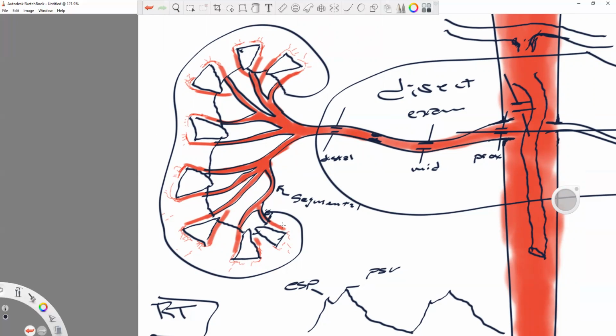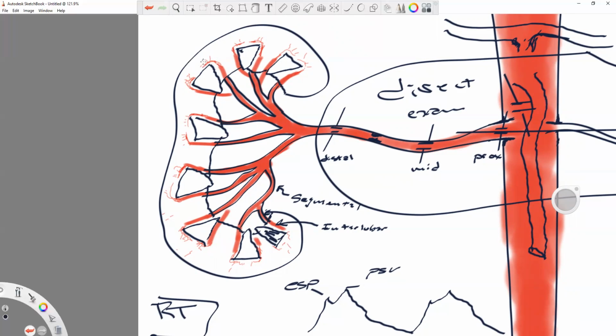And then going into the parenchyma on either side of the pyramid are the interlobar arteries.